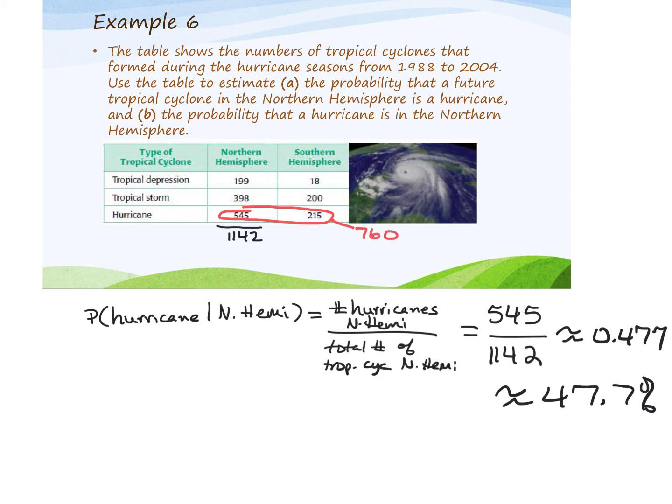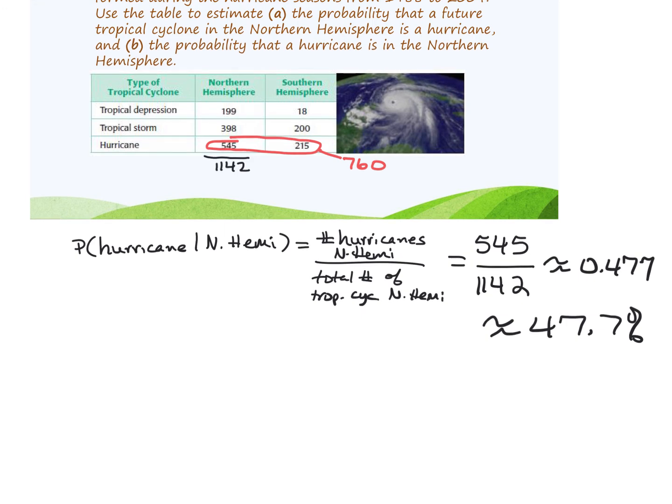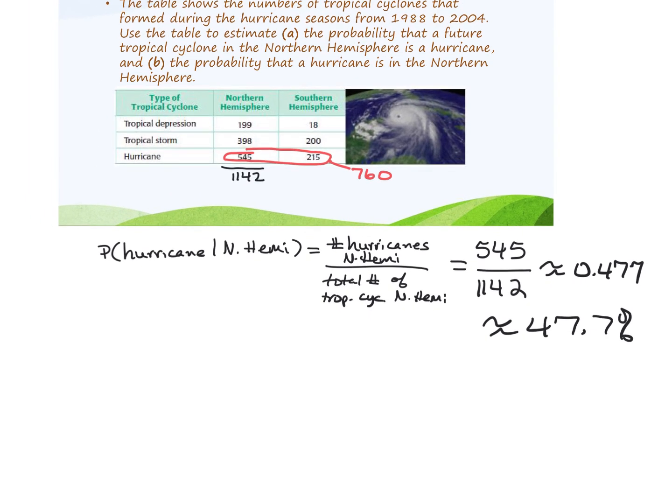And then I take what I'm trying for, which is the hurricanes in northern, which is the same numerator I had before. So for part B, it'll be the probability that it's a northern hemisphere and it's a hurricane out of the total hurricanes.